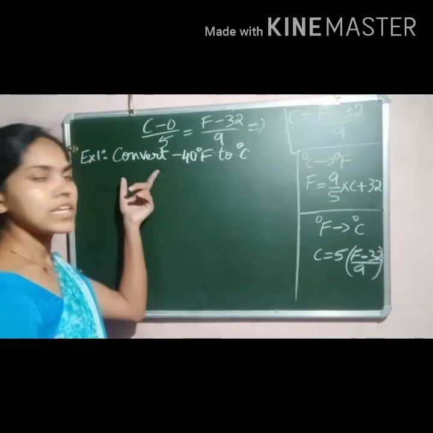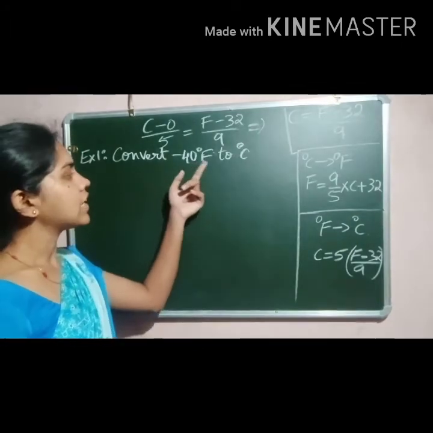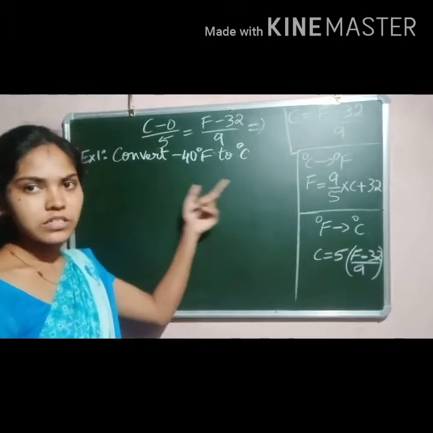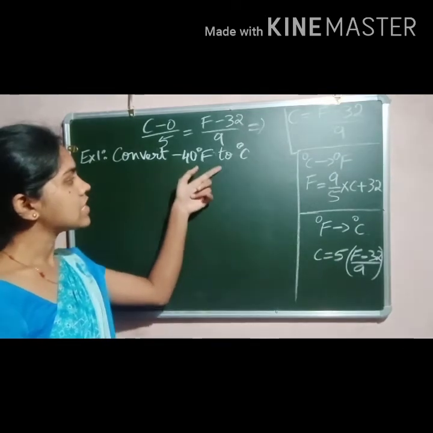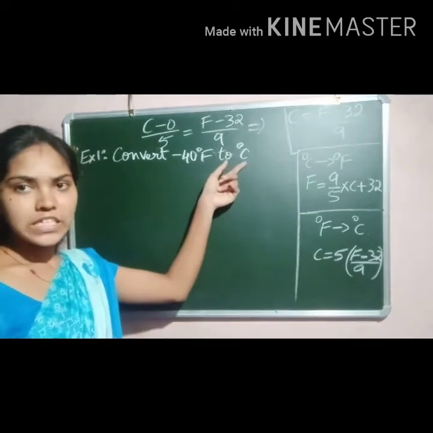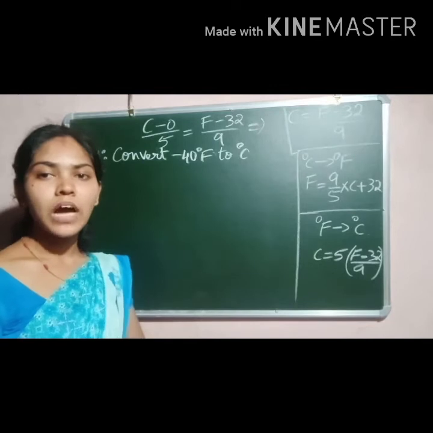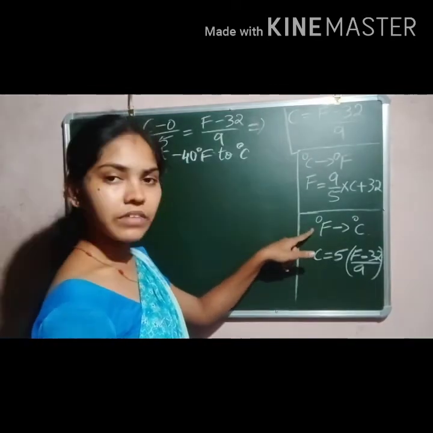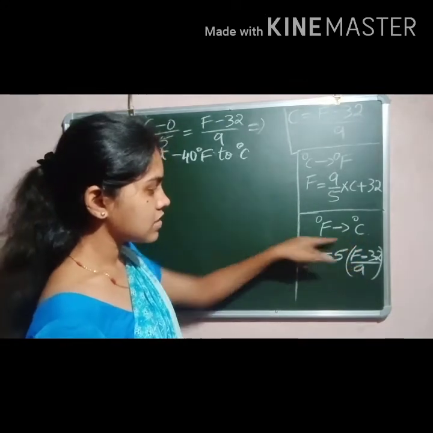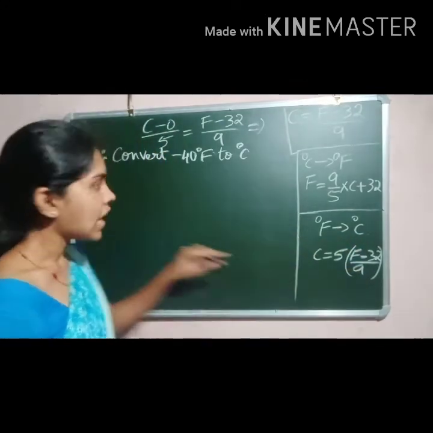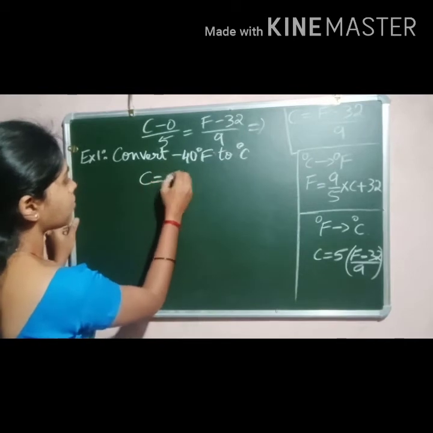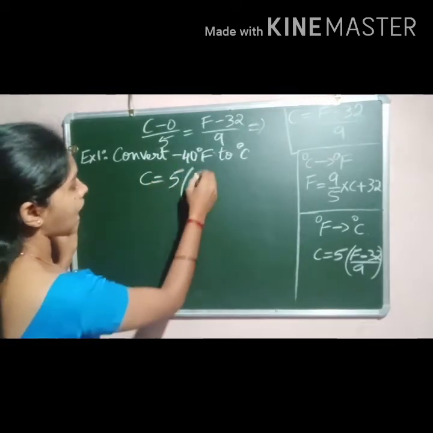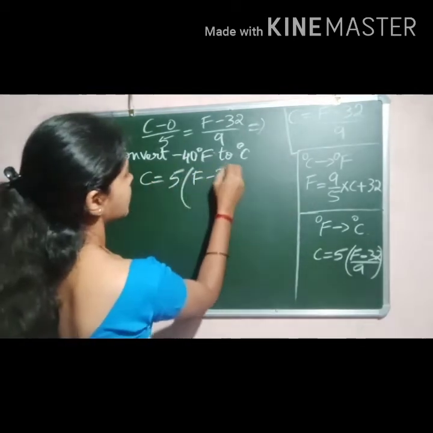The next question is, convert minus 40 degree Fahrenheit to degree Celsius. Which formula do you have to use? You have to use the second formula, degree Fahrenheit to degree Celsius. So what is the formula? C is equal to 5 by 9 in the bracket F minus 32.